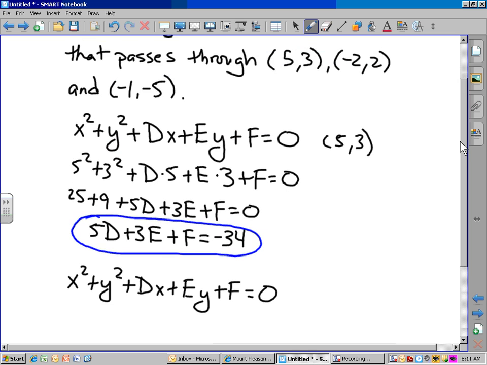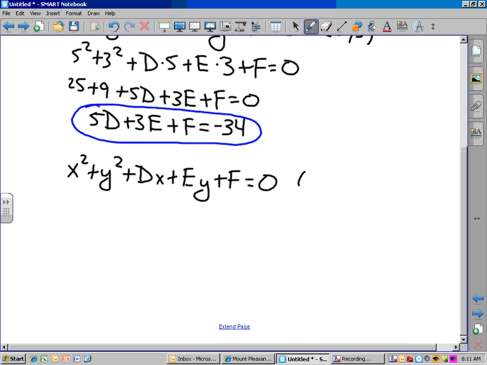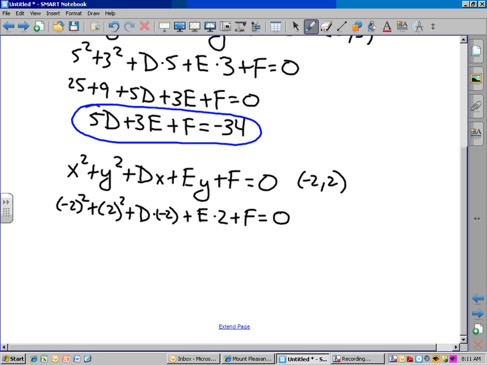So what's the second point? -2, 2. Okay, so we have -2 squared plus 2 squared plus d times -2 plus e times 2 plus f equals 0. 4 plus 4 plus -2d plus 2e plus f equals 0.